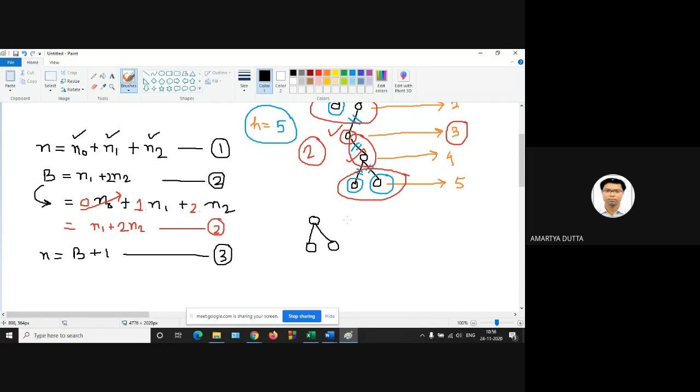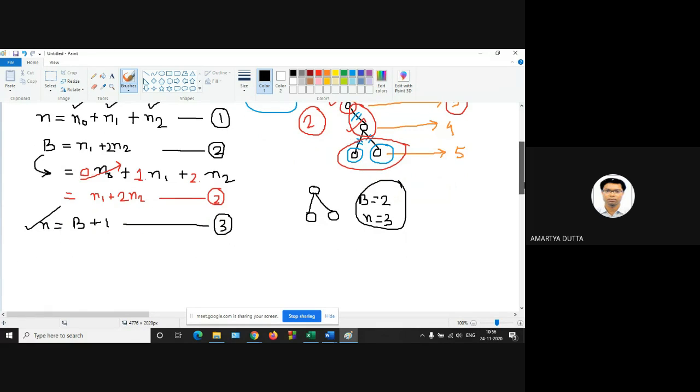Here the number of branches b is equal to 2 and n is equal to 3. So that's why n is equal to b plus 1. This is another formula, equation number 3. So equations number 1, 2 and 3. Is it clear to you?